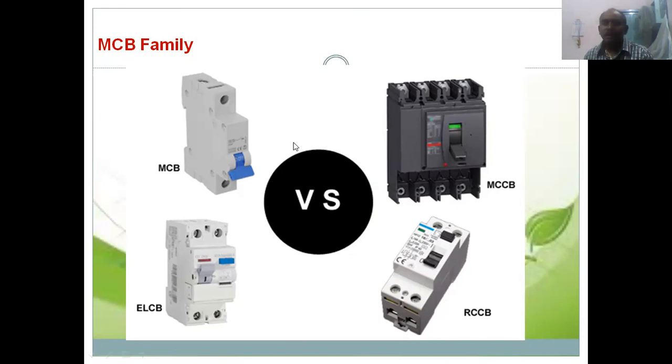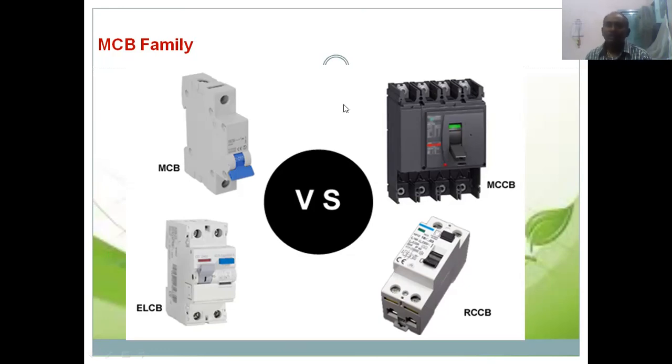A low range of current can be operated by using the MCB. For more current, we can use the MCCB, molded case circuit breaker. Heavy current purpose, we are using this one. And another is the RCCB, a residual current circuit breaker, where if any leakage current takes place, automatically it will protect from electrical shock and fire accidents.